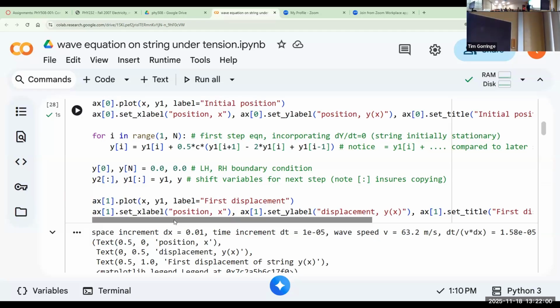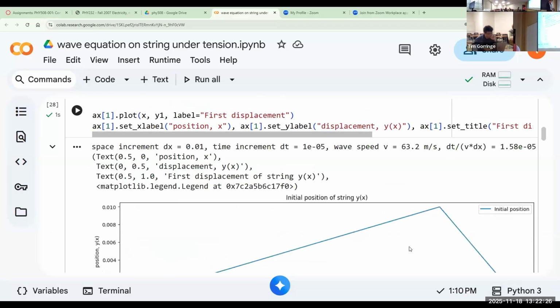If I didn't either use the copy function here, or this slicing, you don't actually copy the data. Rather, you just assign the variable to the old location. So this literally does copy forward.